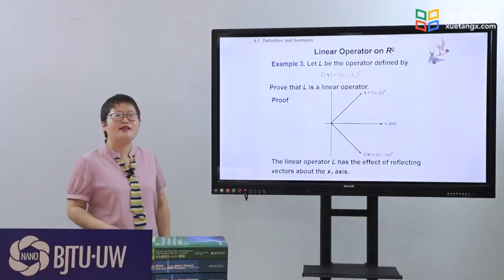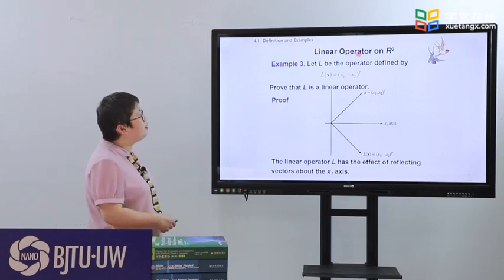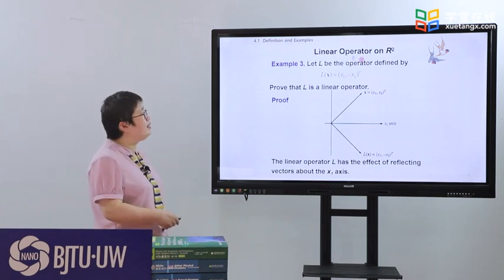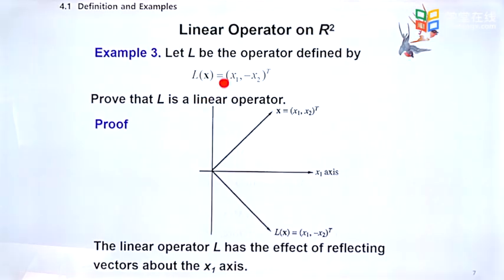Now we consider this simple example. Let L be the operator defined in this way: L(x) = (x1, -x2). So we keep the first coordinate unchanged, but for the second coordinate, after you apply the operator to x, we get the opposite value of x2.